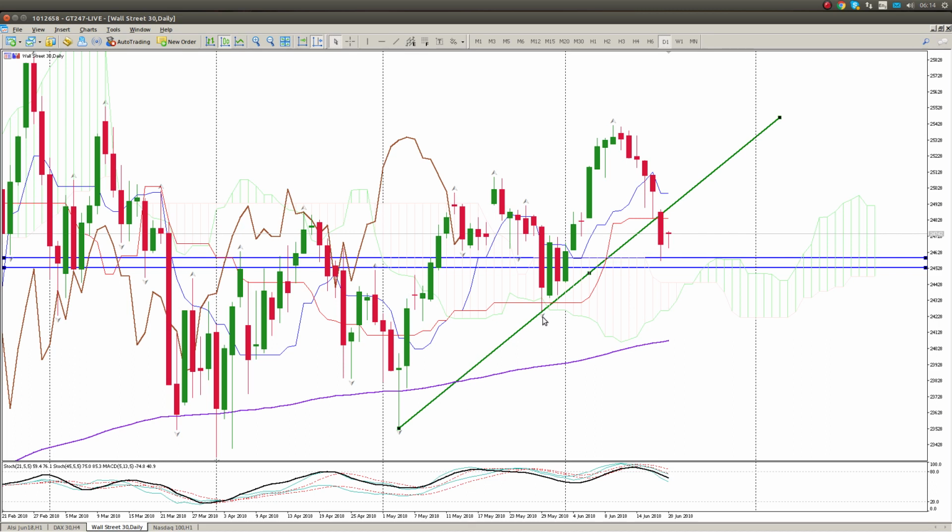So the key element here is, was this a break? I've been talking about this for a while. Okay, so was this a break of this falling wedge, of this rising wedge?